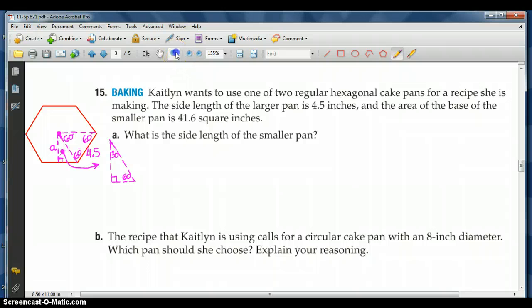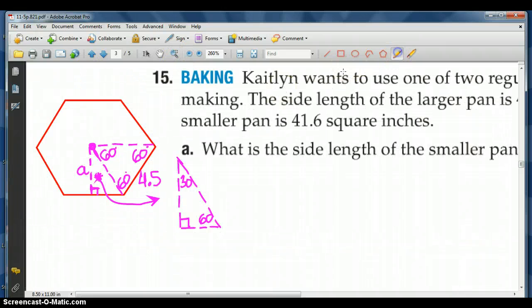So you can see in my diagram here that it's a regular hexagon, which means that all of these sides are the same and all of these interior angles are the same, with a side length of 4.5. So anytime you have a regular hexagon, it can be split into 6 equilateral triangles.